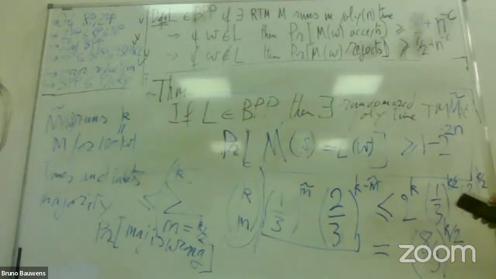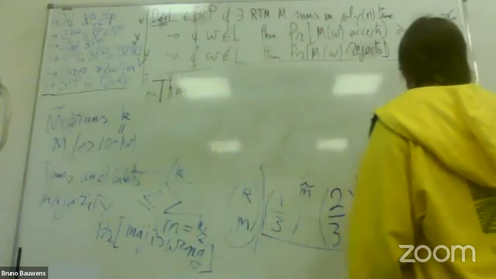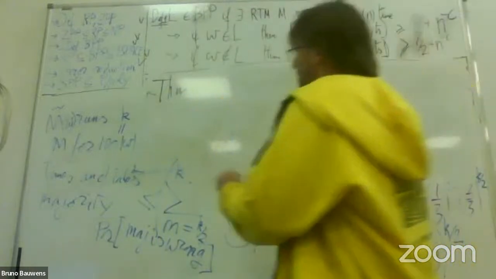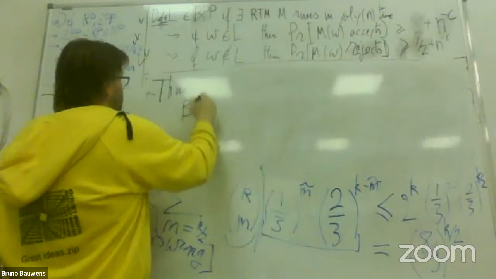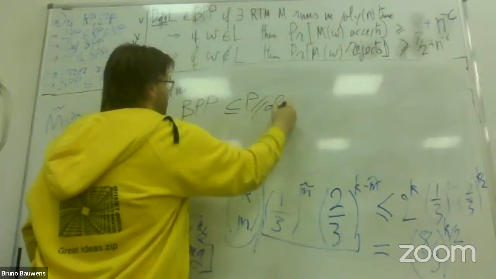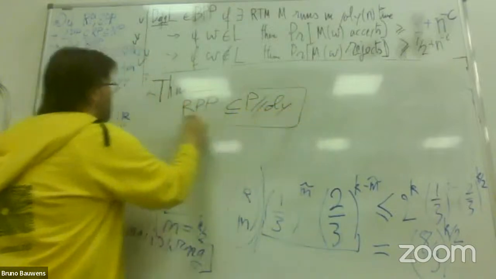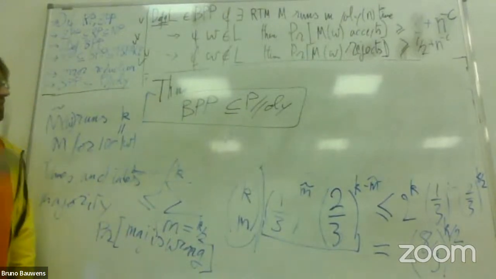Okay, so theorem: BPP is a subset of P/poly. We already know that P is a subset of P/poly.